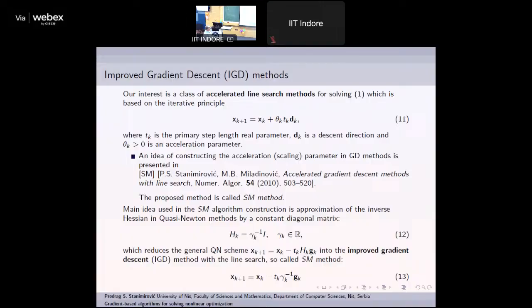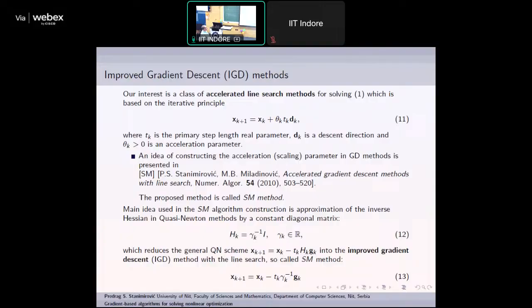We wanted a new class of iterative methods with another parameter, with another step size. The first result of this research was published in Numerical Algorithms, 2010. We called such a class of algorithms accelerated gradient descent methods with line search.